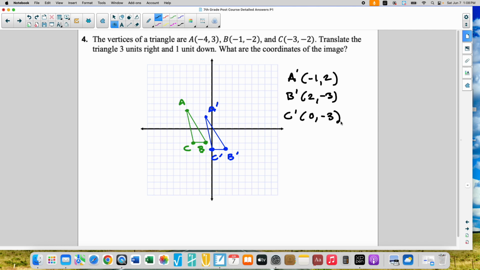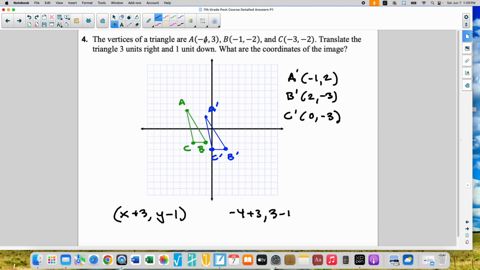We can also, the translation or the transformation is going to be x plus 3, because that moves it to the right 3 units, and y minus 1. So that is how we would transform it. And then you could take the original values of -4 plus 3, comma, 3 minus 1.